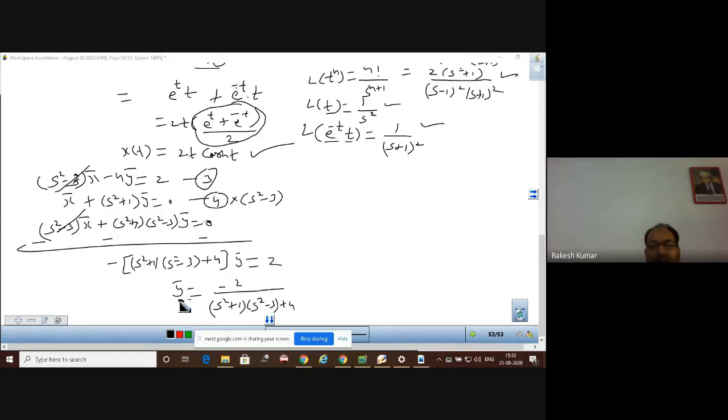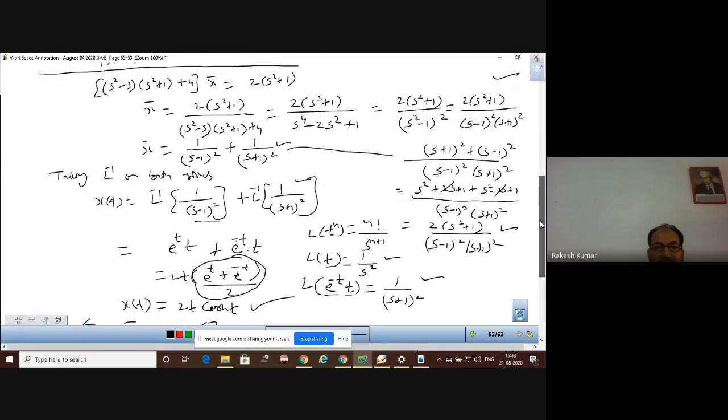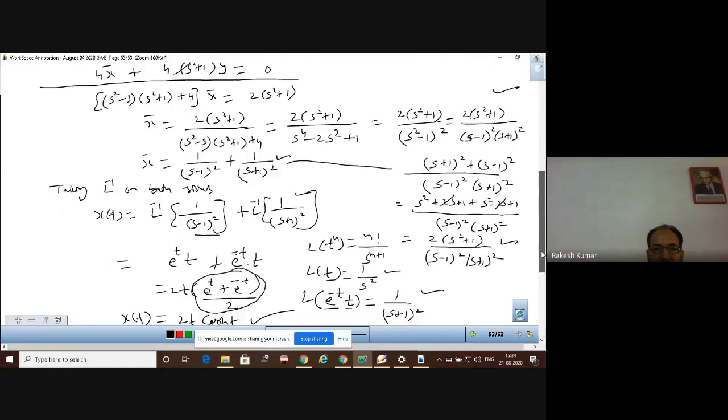Now from y bar you can find out y of t by taking the Laplace inverse transformation. But before this we need to simplify this term. So let us try to simplify this term, and as we know, this again comes out to be minus 2 over (s minus 1) square into (s plus 1) square. Why? Because the denominator term is the same as the earlier term which we have done here.